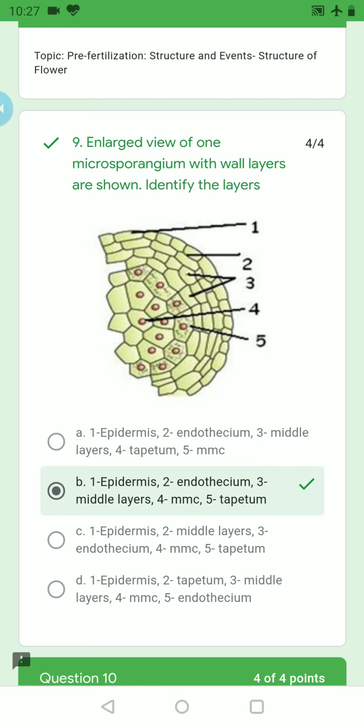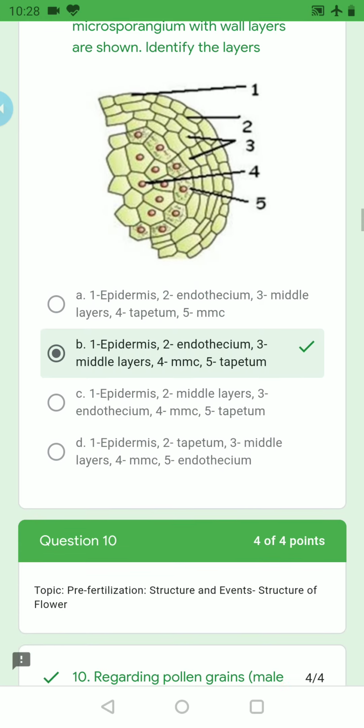While we are discussing microsporogenesis, MMC means microspore mother cell, because when discussing microsporogenesis and megasporogenesis it gets confused. Then the fifth label is tapetum. Got it? Now compare these labels with the options. Yes, option B is the right answer, isn't it? Yes, it's correct.